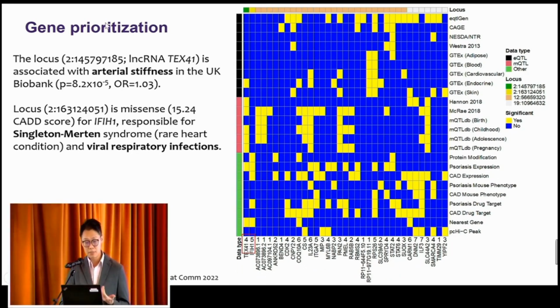The other one points to a regulatory genetic variant, to a long noncoding RNA, and this particular locus has also been associated with artery stiffness in a UK Biobank study. Okay, so this multi-omic approach helps us tease down what kind of potential regulatory mechanisms are involved in these shared signals.